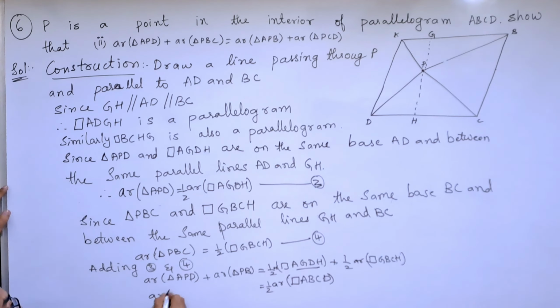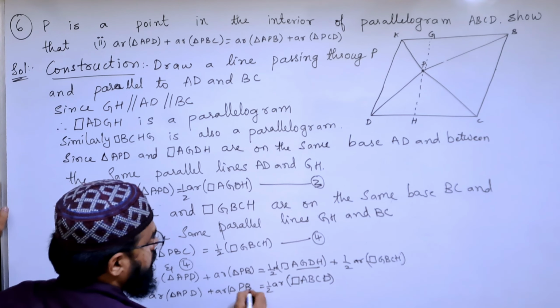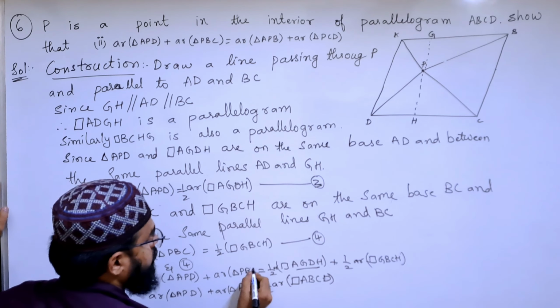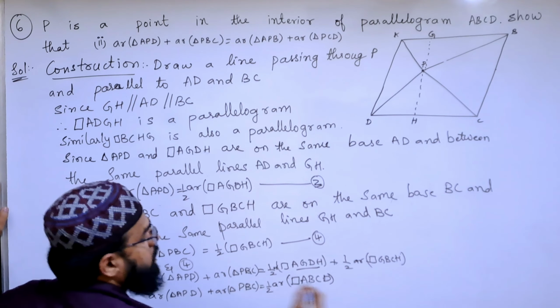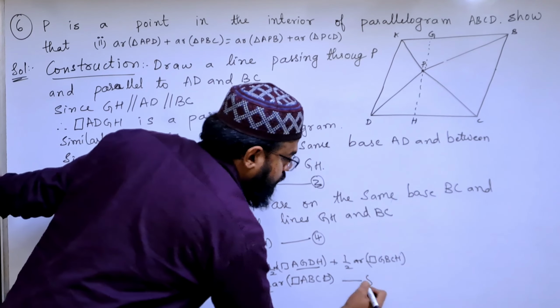So area of the triangle APD plus area of the triangle PBC is half the area of ABCD. So this is the second bit we have proved, or we can say fifth.